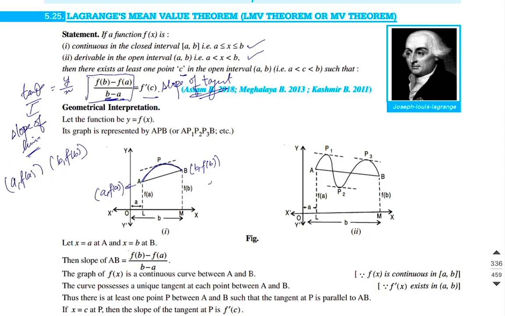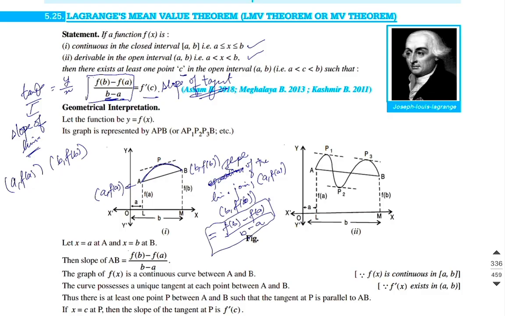Okay, so the slope of the line joining (a, f(a)) and (b, f(b)) की होंदी है y2 minus y1, y2 is f(b), y1 is f(a), upon x2 minus x1, f(b) minus f(a) upon b minus a.